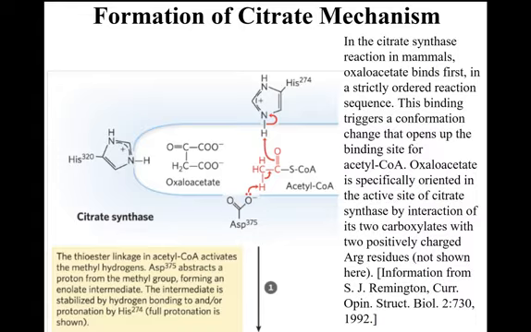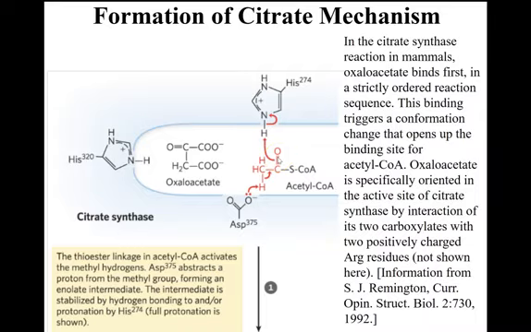The mechanism of citrate formation utilizes amino acid residues. An aspartic acid deprotonates the acetyl coenzyme A, and a protonated histidine residue acts as an acid, donating the hydrogen.